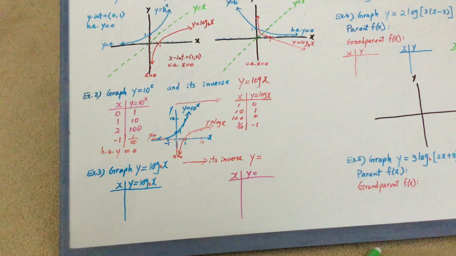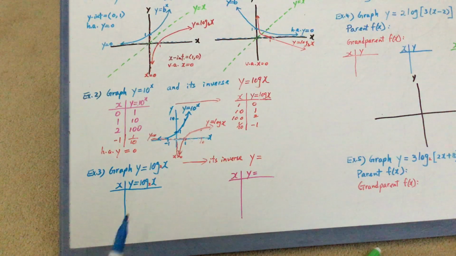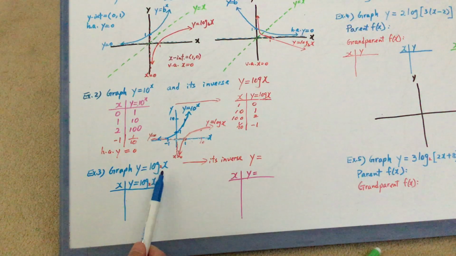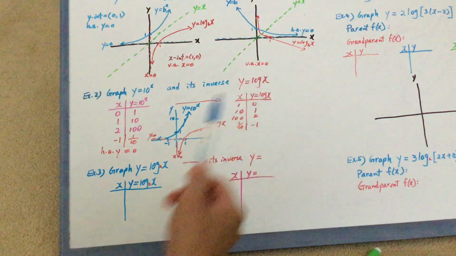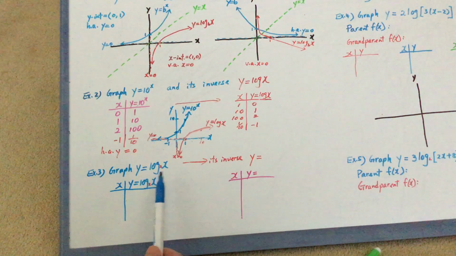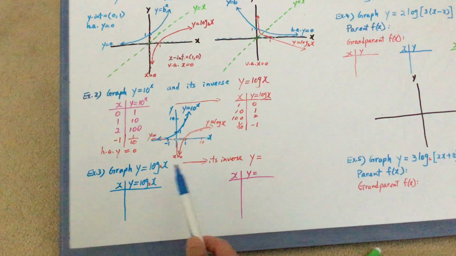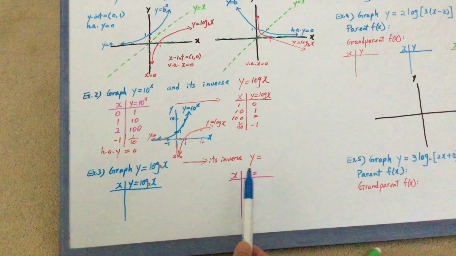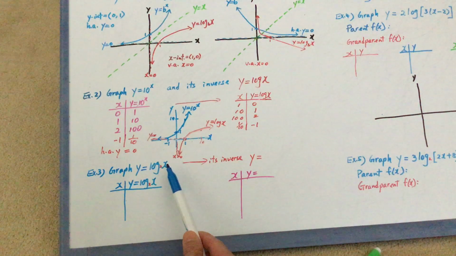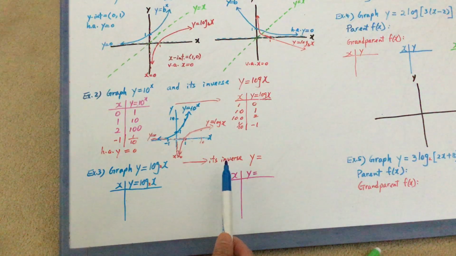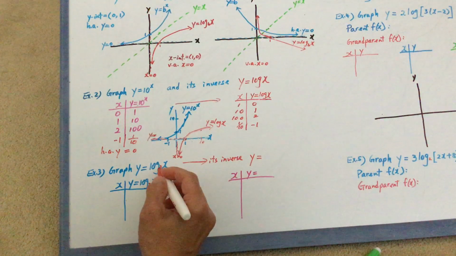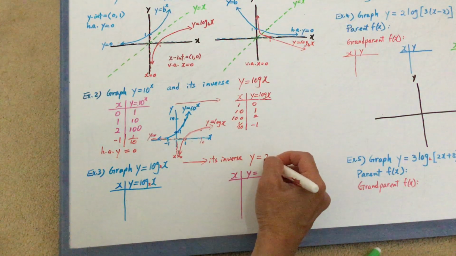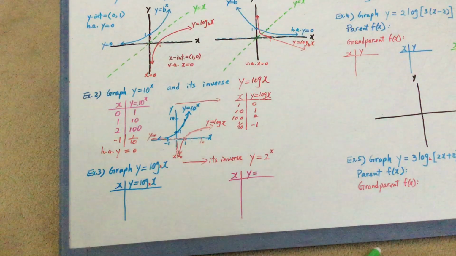Now, in this question here, I have y equal to log base 2 of x. So that means I'm giving you the log equation, but you need to graph both the original and its inverse. Well, if log base 2 of x is the original, then its inverse must be y equal to, well, if the base is 2, then this one has to be 2 to the power of x.